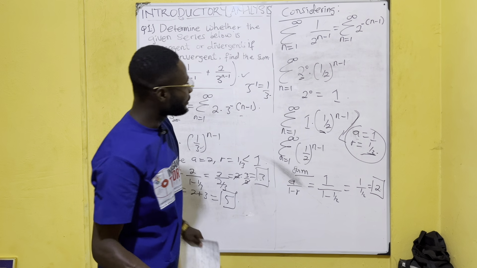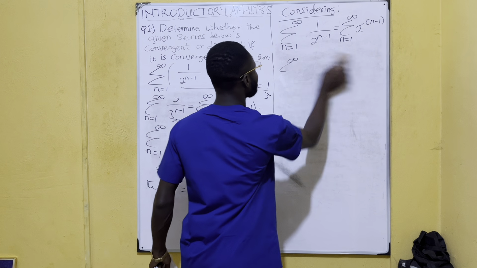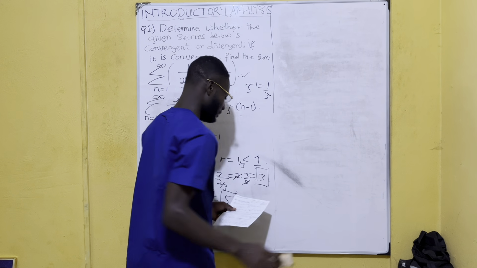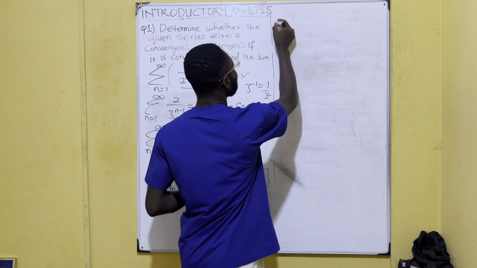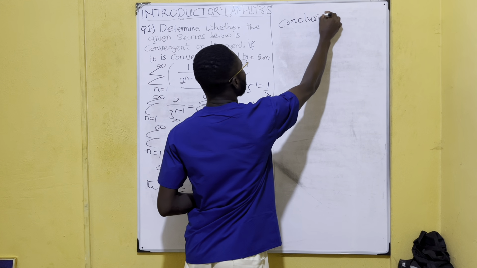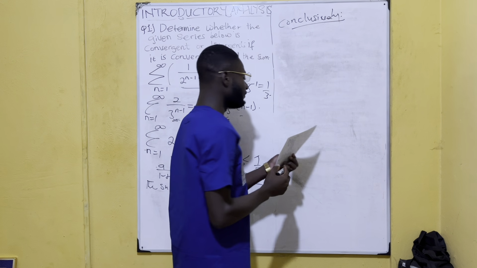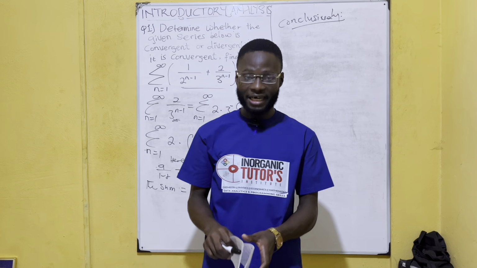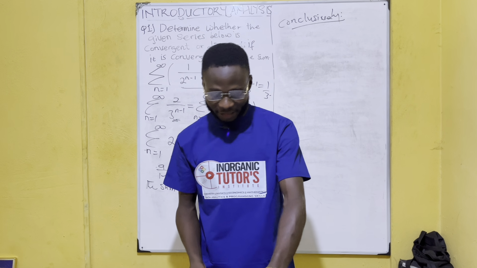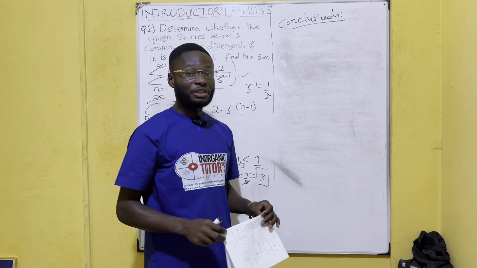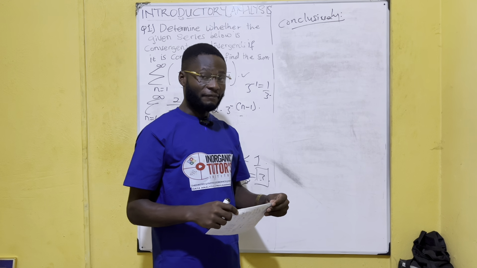So conclusively, we can say that both series converge, right? Both series converge, and therefore we can say that the sum, of which we had 2 and 3, is equal to 5, right?